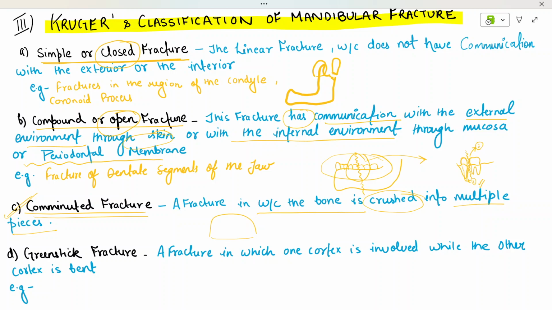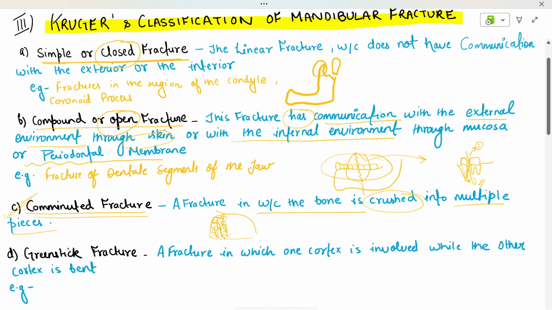Sometimes you have seen a mirror fractured, or in accidents on the roadside, the windshield is fractured in such a way that you can see multiple pieces of glass. That type of fracture is called a comminuted fracture. If that type of fracture occurs in a bone, then it comes under comminuted fracture.